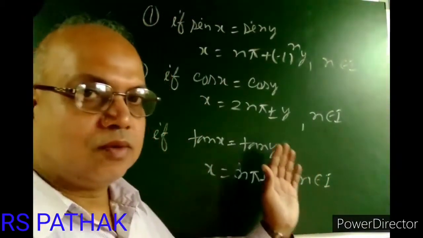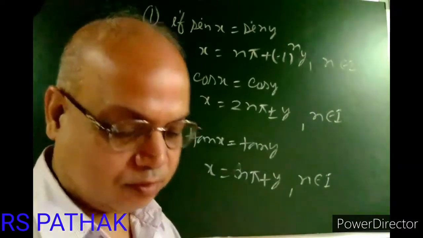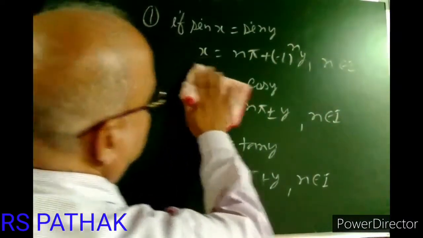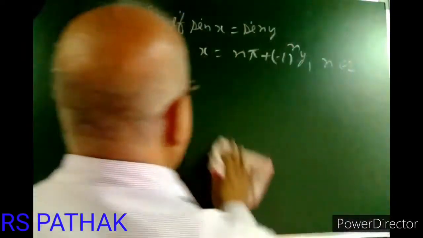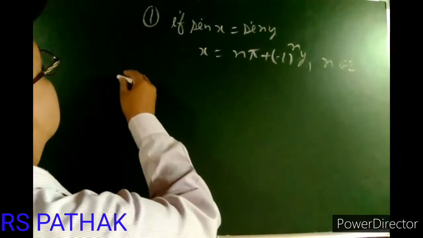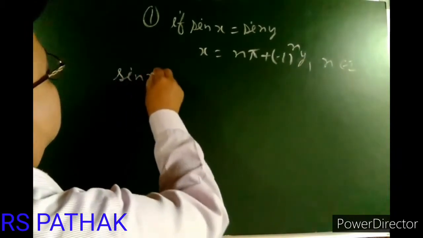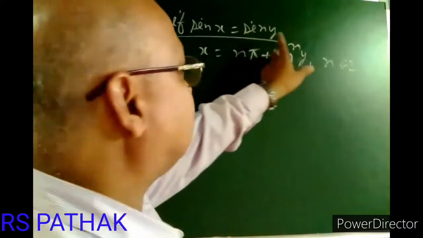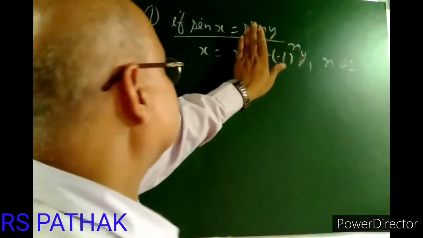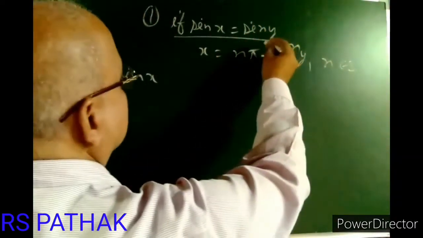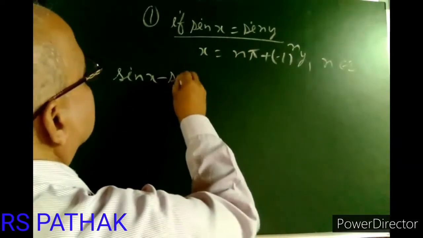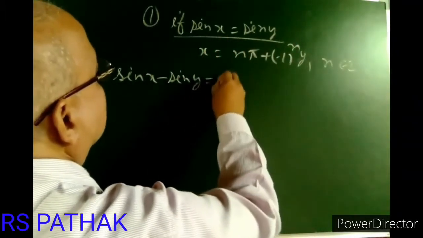I will prove the three theorems one by one. First of all, I am taking this one. Here sin x equal to sin y. I can write it as sin x minus sin y equal to 0.